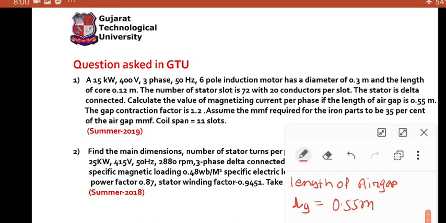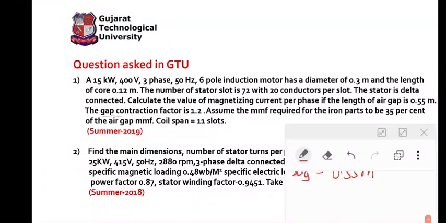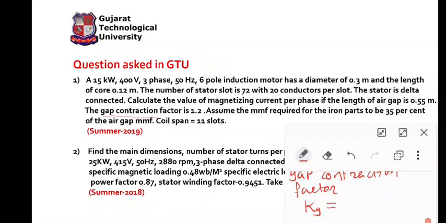And the next thing given is the gap contraction factor, which is denoted as Kg, equal to 1.2.